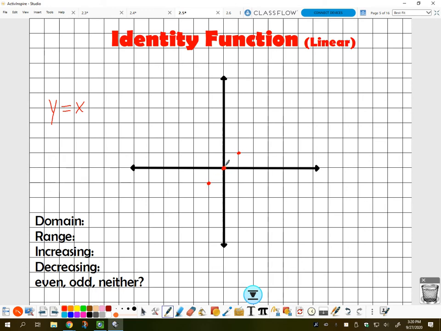So the one y equals x is going to just be the line that goes through the point 0, 0, 1, 1, 2, 2, 3, 3, negative 1, negative 1. All right, domain is negative infinity to infinity. Range is negative infinity to infinity. This one is always increasing. It is never decreasing. And it is an odd function.